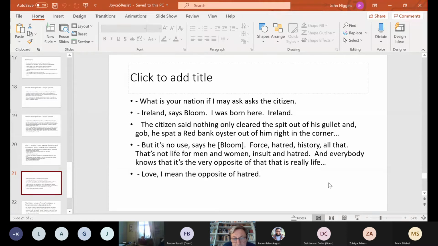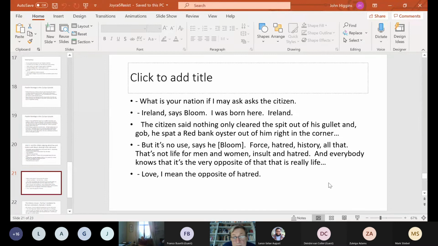But it's no use, says Bloom. Force, hatred, history, all that, that's not life for men and women, insult and hatred. And everybody knows that it's the very opposite of that that is really life. Love, he says, I mean the opposite of hatred.